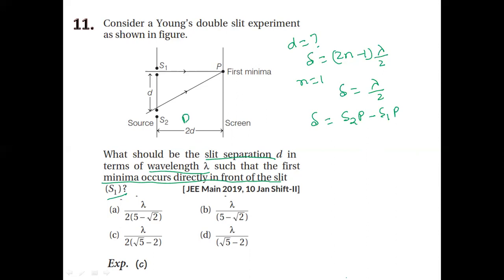They gave that capital D as 2D. So I can write S1P whole square equals 2D whole square plus D square.